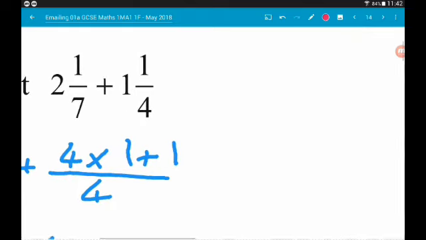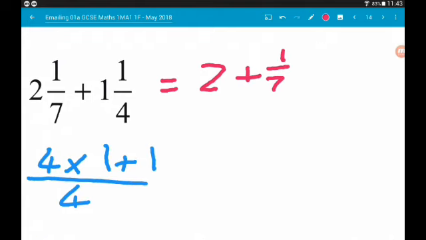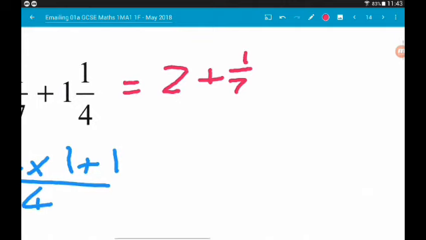Think of a mixed number as telling us how many whole pizzas we've eaten, and add a fraction of a pizza that we've eaten. So 2 and 1/7 means 2 add 1/7. And then 1 and 1/4 means 1 add 1/4.